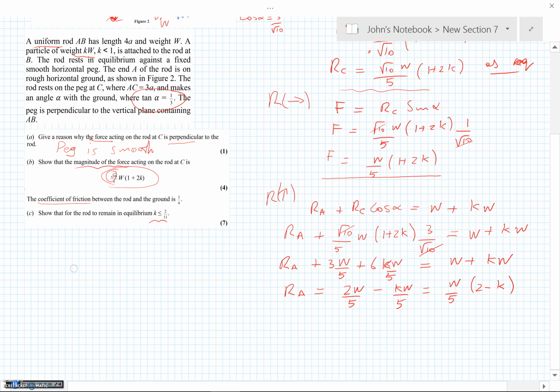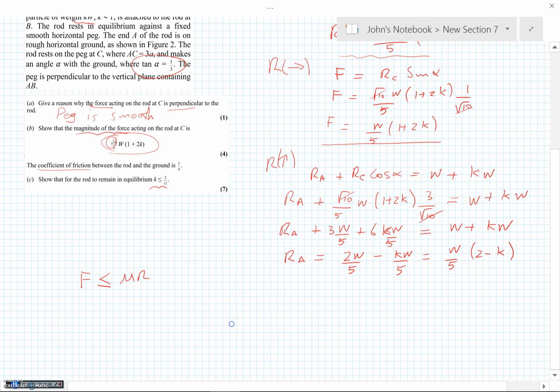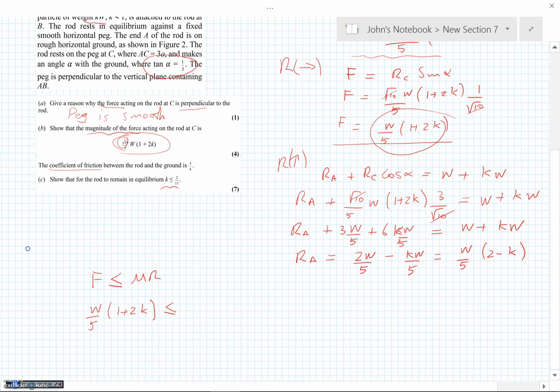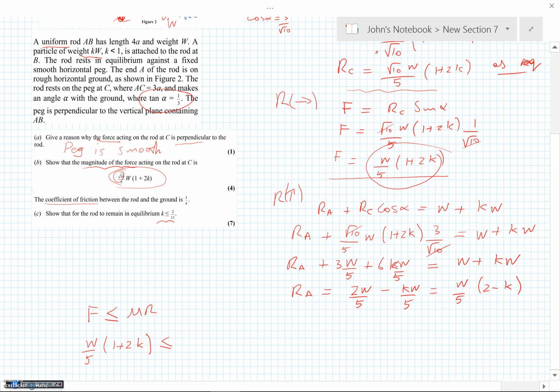So we're getting there, because we need to show that F is less than or equal to mu R. That's our inequality that defines friction. So we've got our F here, W over 5, 1 plus 2K. It's got to be less than or equal to mu, and we are told mu. I haven't mentioned that yet, but mu has been given in the question somewhere. There we go, later on, 3/4.